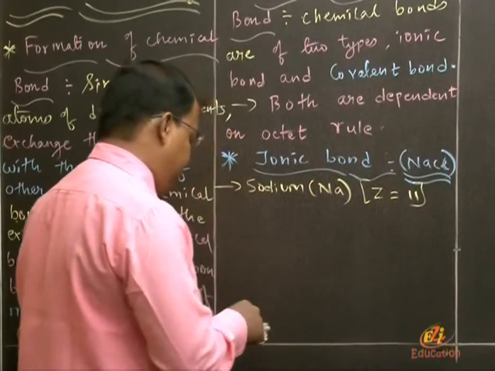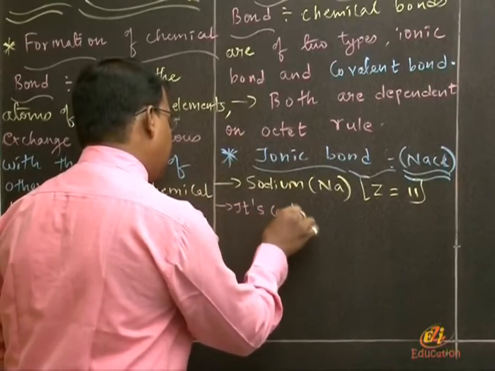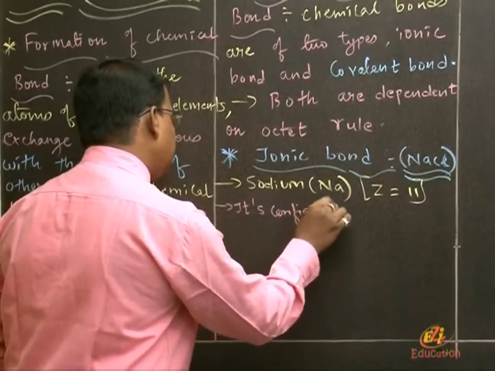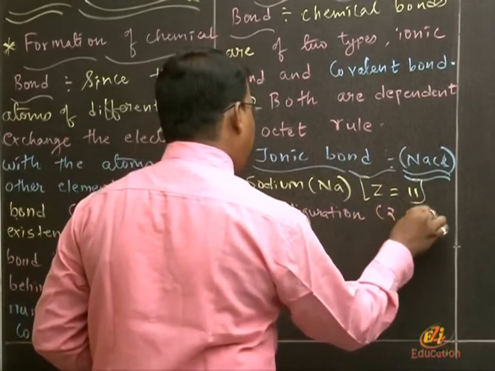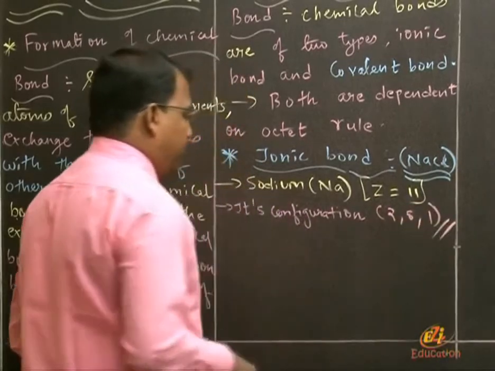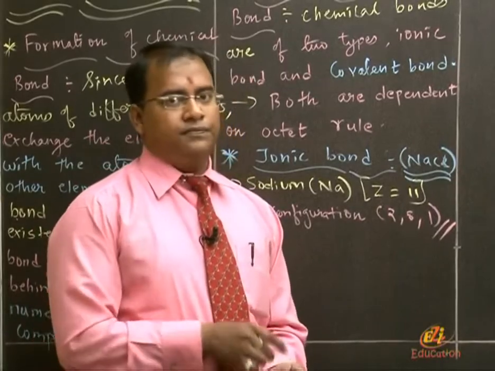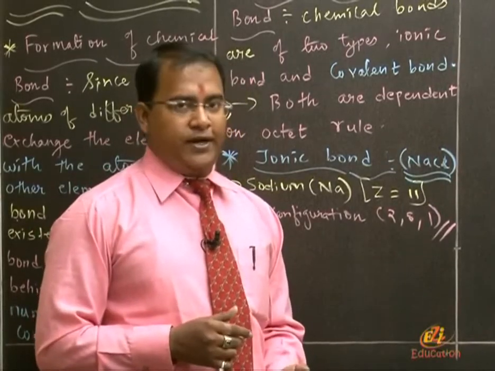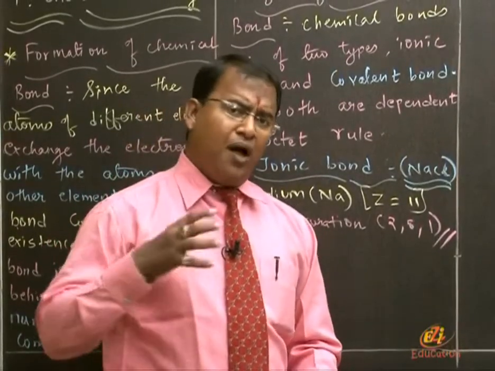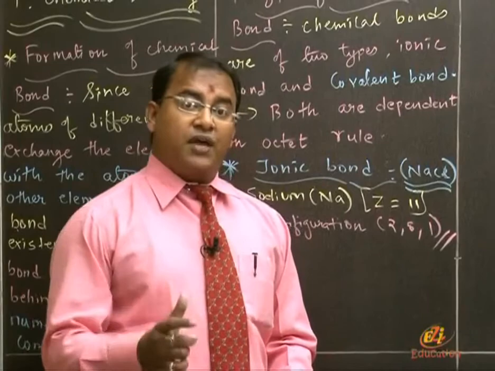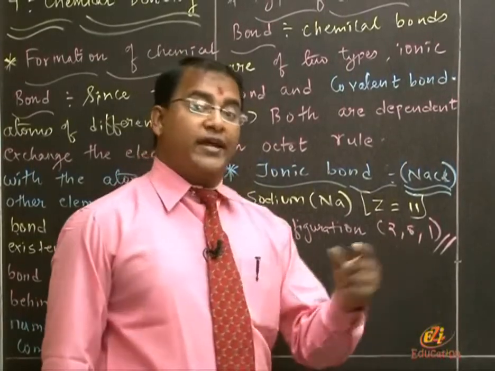So its configuration is 2, 8, 1. Now, since the configuration is 2, 8, 1, you can check out, it will try to come to the nearest stable inert gas. It will try to become 2, 8.